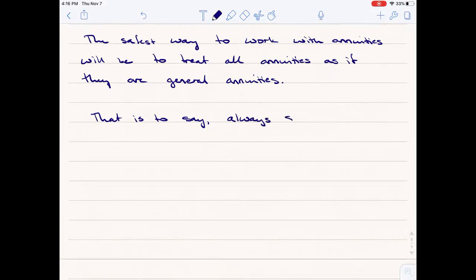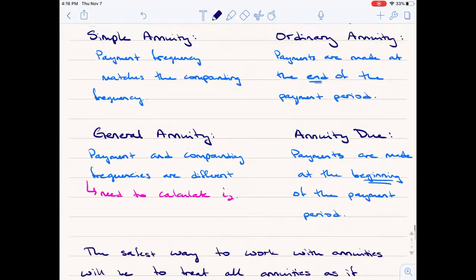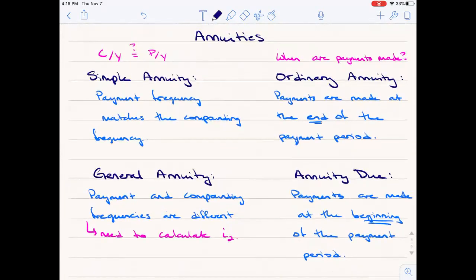So always start by finding I2. If F1 equals F2, that's the same as a simple annuity.